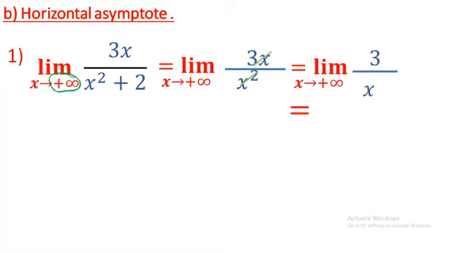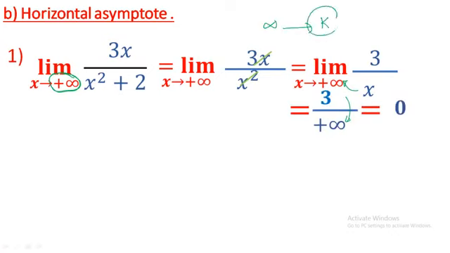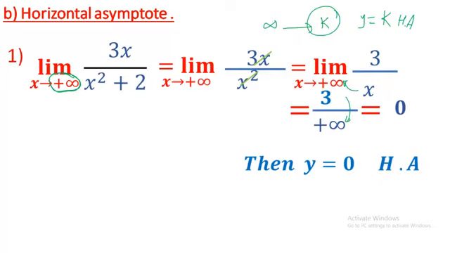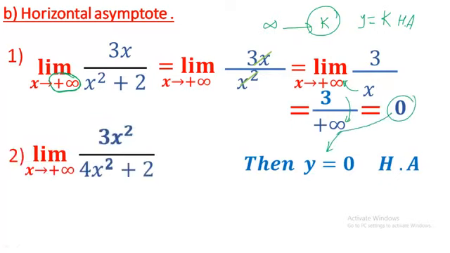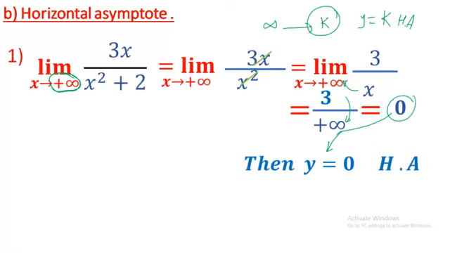Now we will substitute each x by plus infinity to get 3 over plus infinity, and any number over infinity is 0. If infinity gives me a number, then this number will represent the horizontal asymptote. Because it gives me the number 0, then this 0 will represent the horizontal asymptote of equation y equals 0.